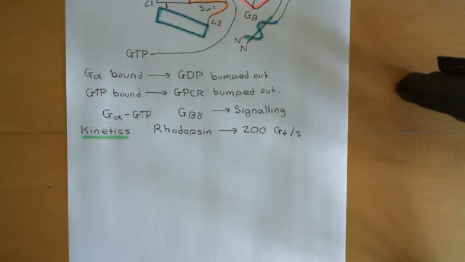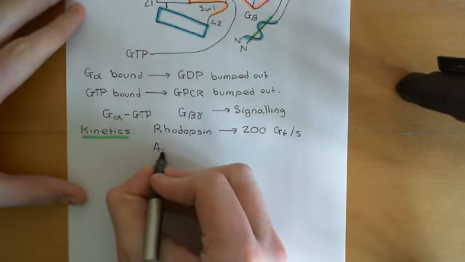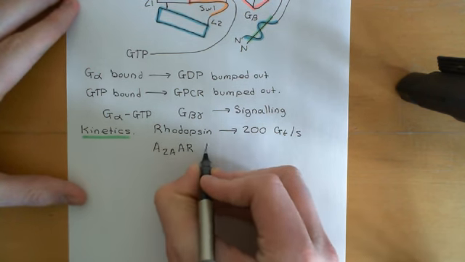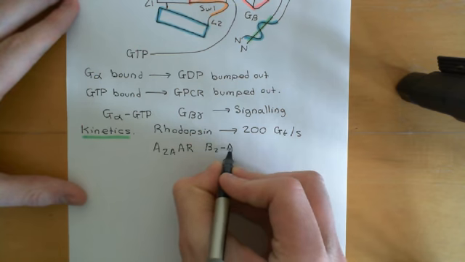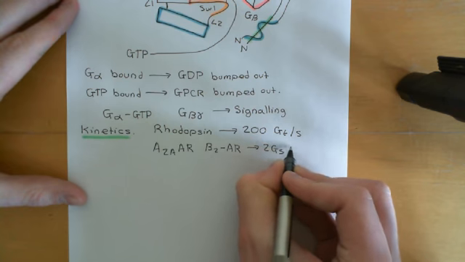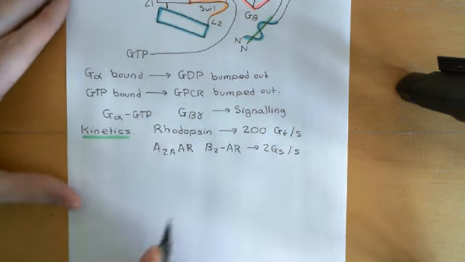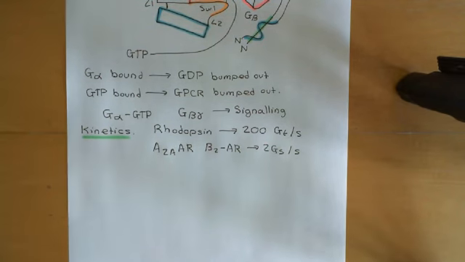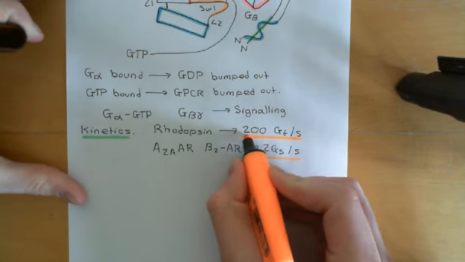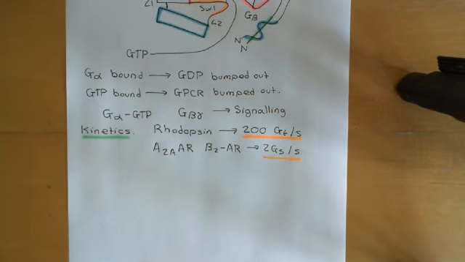Contrast that to the adenosine 2A adenosine receptor, and also the beta 2 adrenoreceptor, which really have a rate of around 2 GS subunits per second. So they activate heterotrimeric G proteins where the alpha subunit is G-alpha S. This obviously is a huge kinetics difference here, a huge difference in the rate at which this reaction actually occurs for the rhodopsin receptor and the adenosine 2A adenosine receptor and beta 2 adrenoreceptor.